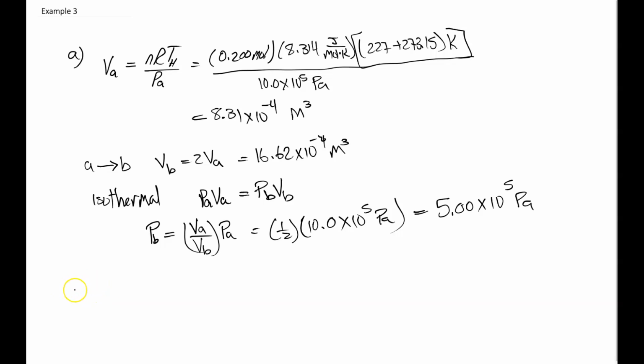For the process BC, it's an adiabatic expansion. We know that for an adiabatic expansion, the temperature times the volume raised to the ratio of heat capacities minus 1 is constant.